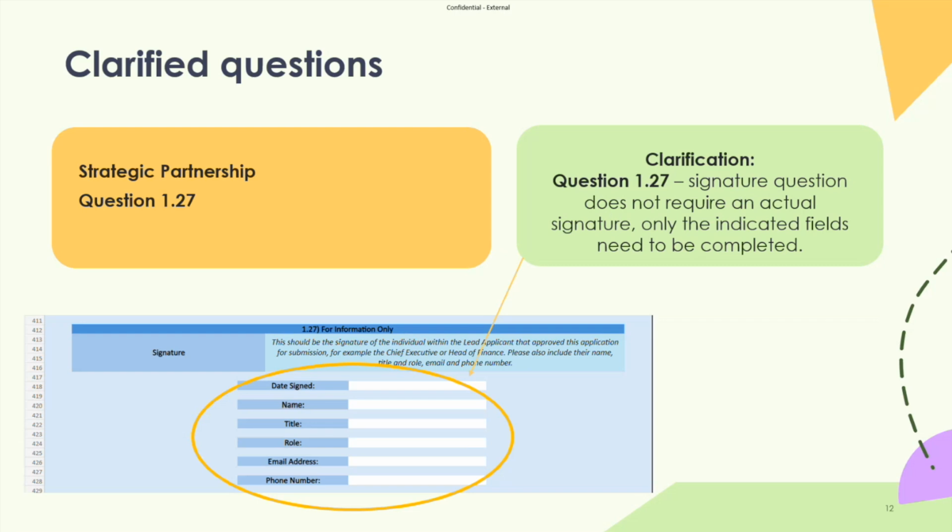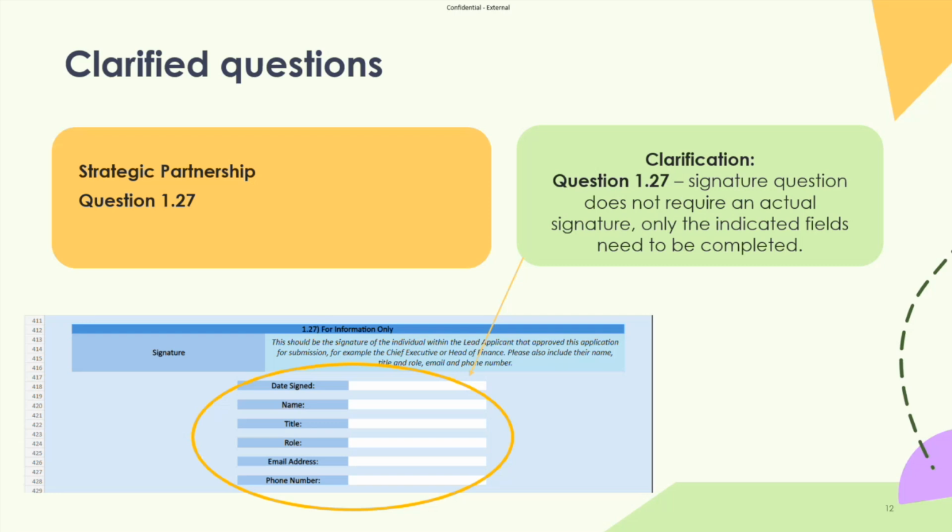In 1.27, in Strategic Partnerships Fund, it asks for a signature of the person who is responsible within the organisation for the application. So this might be your CEO, CFO, or somebody of that level in the executive team. There is no place to actually put a true signature in. You just fit the person's name and the person's details into that role there.